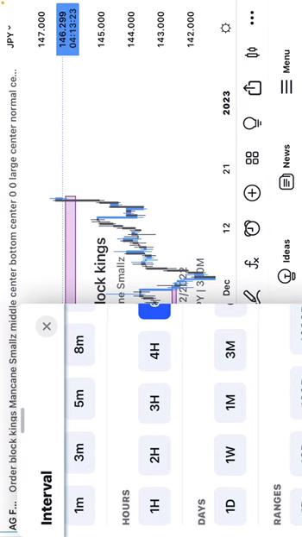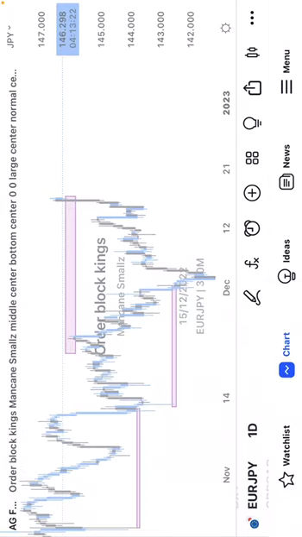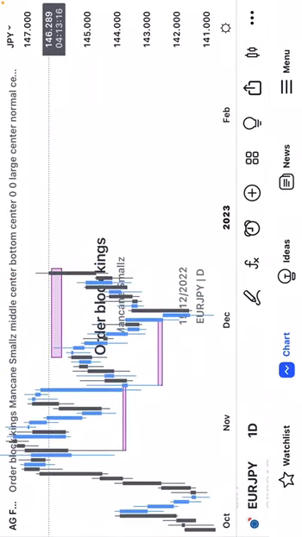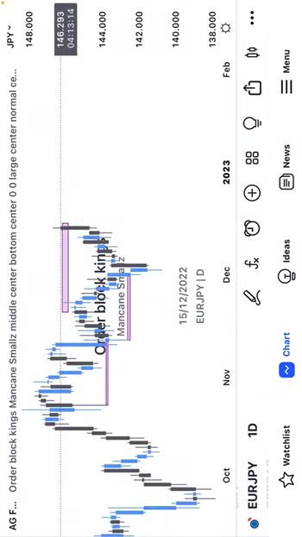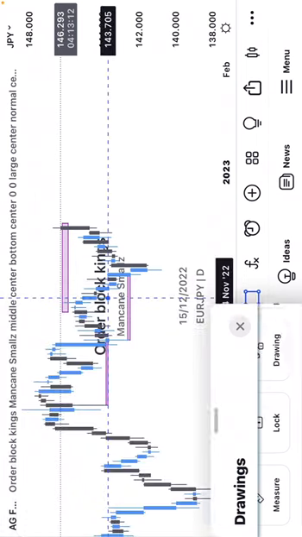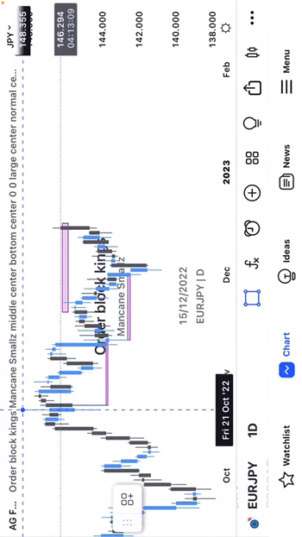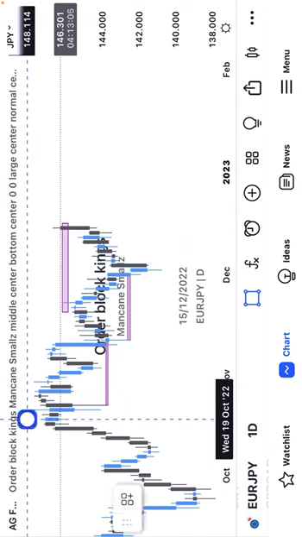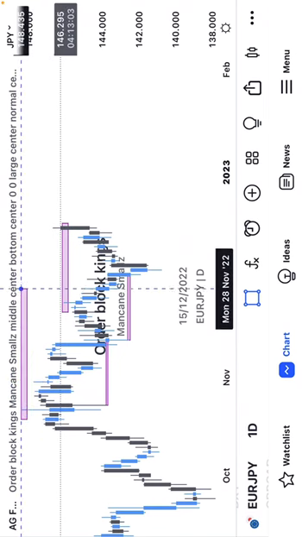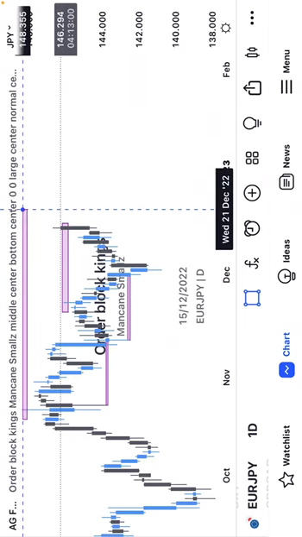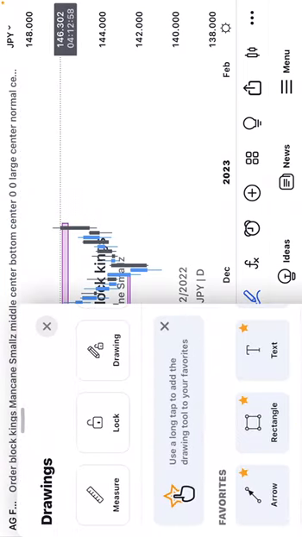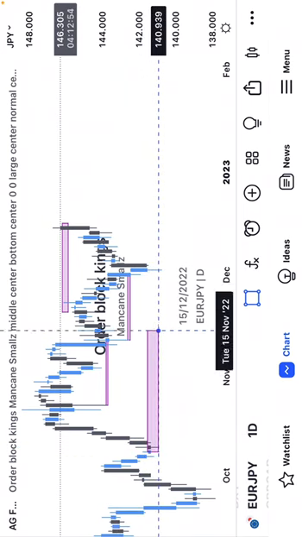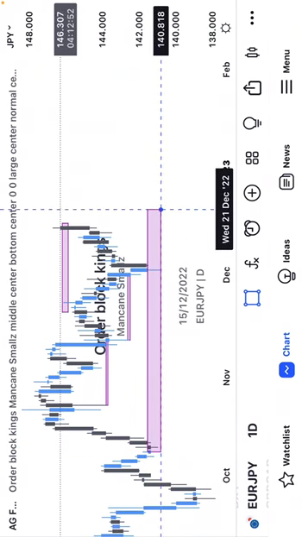Let's go to daily and see what's happening on daily time frame. Okay, on daily time frame, you can see we have this longer wick there, for which you can see that they just respected this demand here.